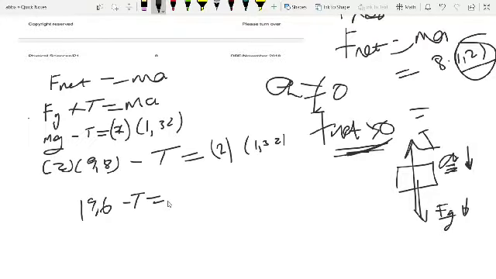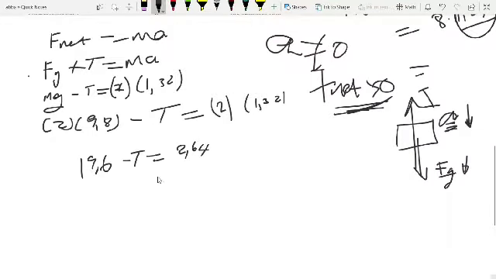2 multiplied by 1.32 is how much? It's 2.64. Now, we can take this to the other side. We have negative tension, which is equal to 2.64 subtracted by 19.6.